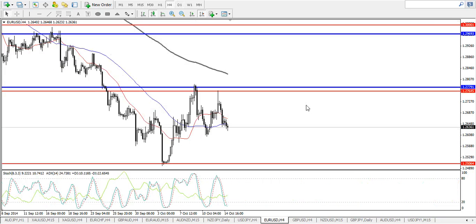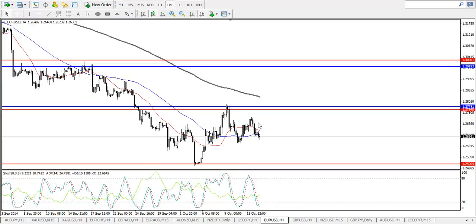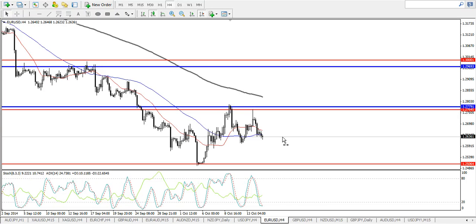Next we shall take a look at the euro against the US dollar. As we know, price has fallen as the German economic sentiment has fallen to the lowest this year, and of course we see a slump in the industrial output as well. So price has fallen after a pullback, right before touching the previous high.